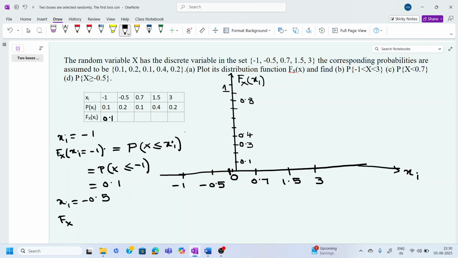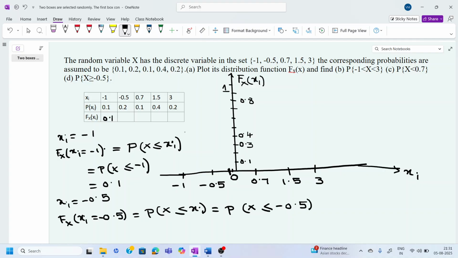So Fx of xi at xi equal to -0.5. Similarly, we have to find probability of x less than or equal to xi, that is probability of x less than or equal to -0.5.